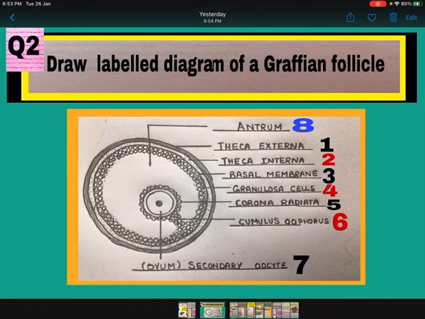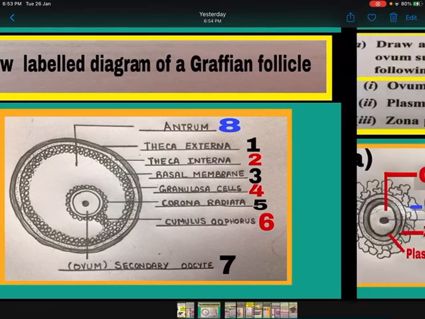Here the granulosa cells are projecting into the antrum, and at the end of this is present an ovum or secondary oocyte. This is labeling number 7, and outside the secondary oocyte is a layer called corona radiata. This is labeling number 5. So you have to label all 8 parts 1 to 8 if nothing is mentioned in the question.